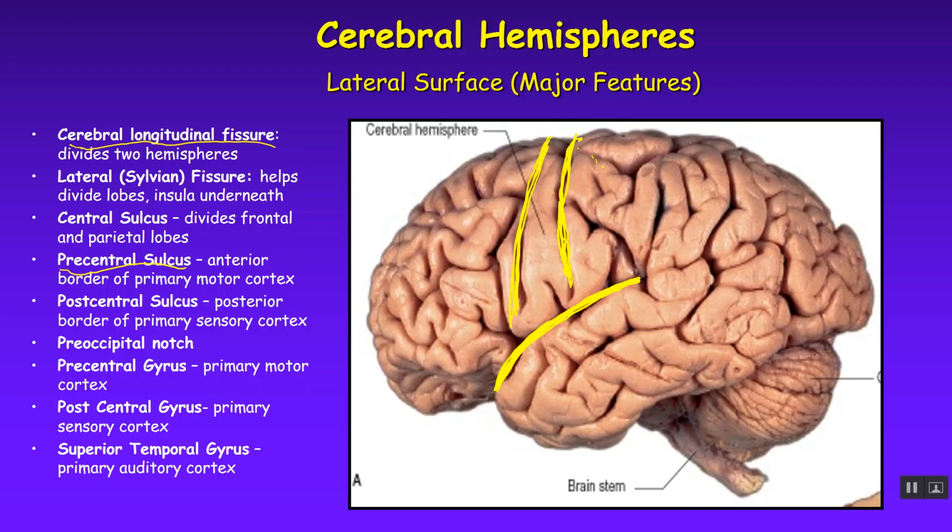And now let's just keep finding structures, then we'll talk function in a second. Then we go one sulcus back from the central sulcus. Again, this is kind of a weird sulcus on this brain. It's this right here. Most of the time it's a little straighter up and down, and this is actually showing a pretty big area here.